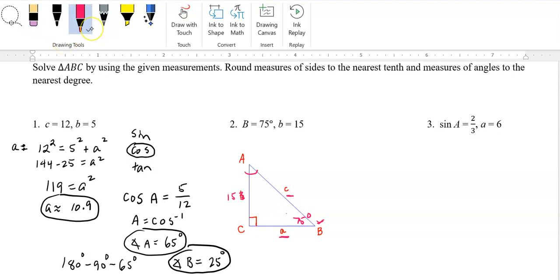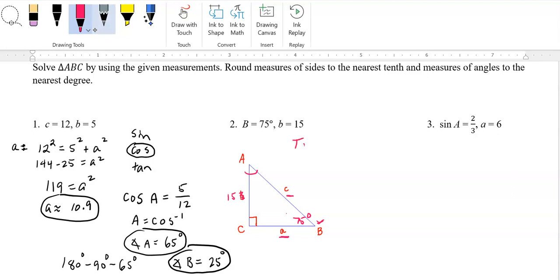Or you could just as easily use that same opposite side from the 75 degree angle and the hypotenuse. This way you would find side C, opposite over hypotenuse. That's the sine function. So either way, it doesn't really matter which way you go. I'm just going to pick one. I'm going to find side A by using the tangent function.